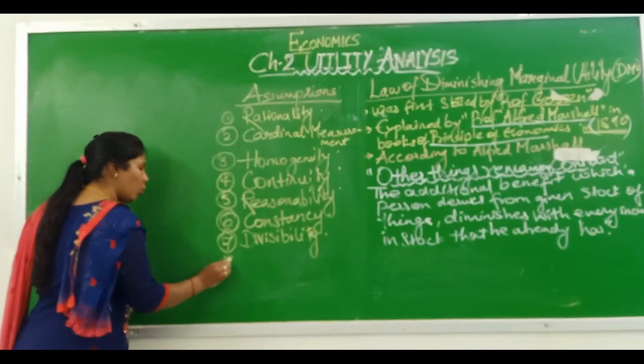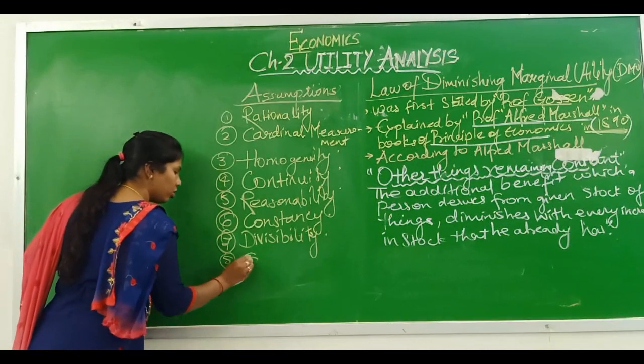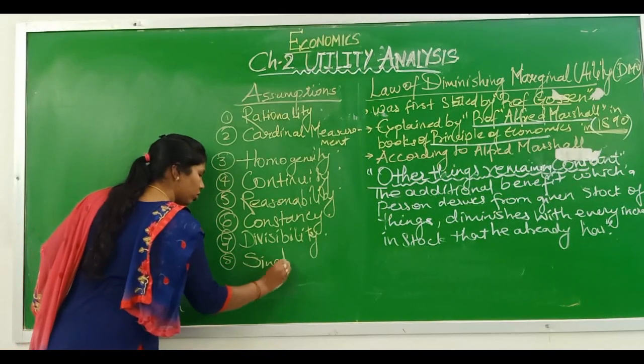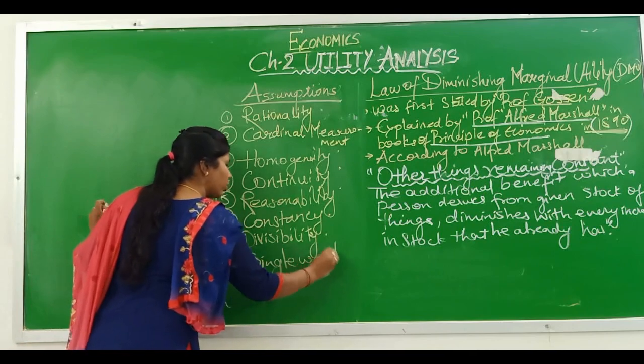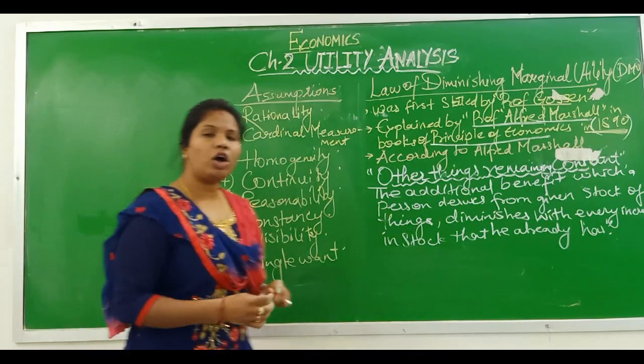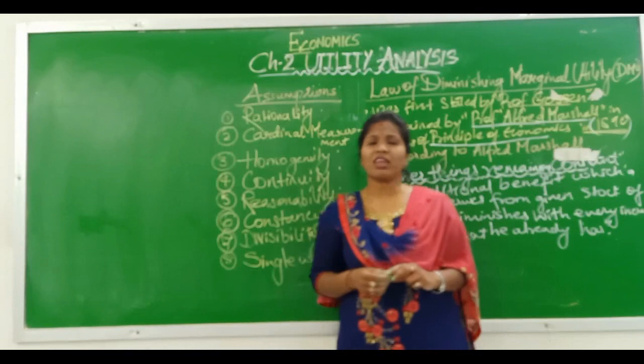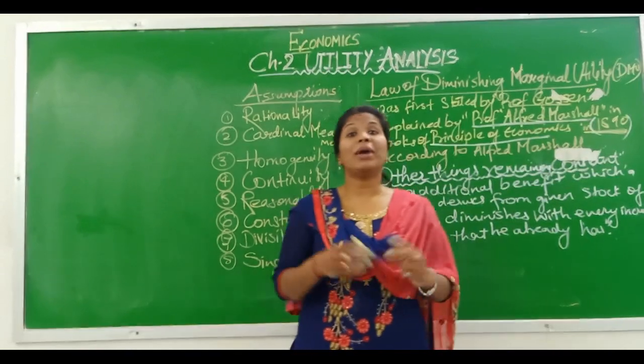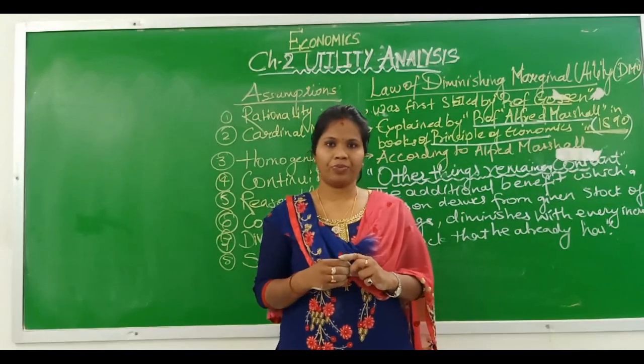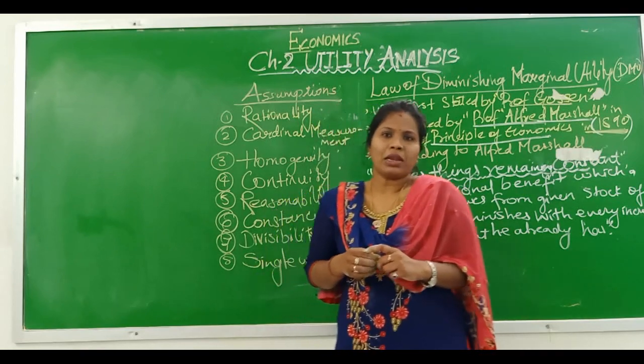Then the last one is single bond. What does single bond mean? There are various commodities which give multi-purpose utility. Like for example milk.